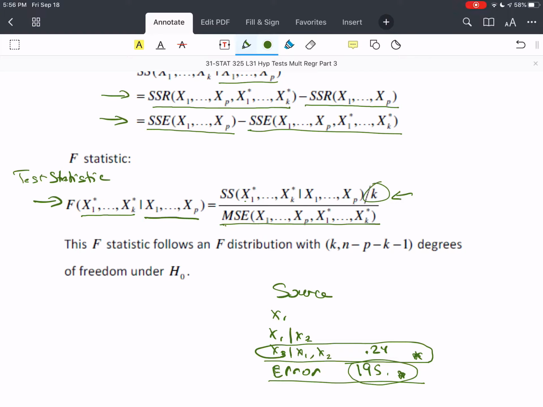And so what we're doing in effect here is we're taking both of those and adding them together, and that is going up here. And then we still divide by this. And so that is an F test.